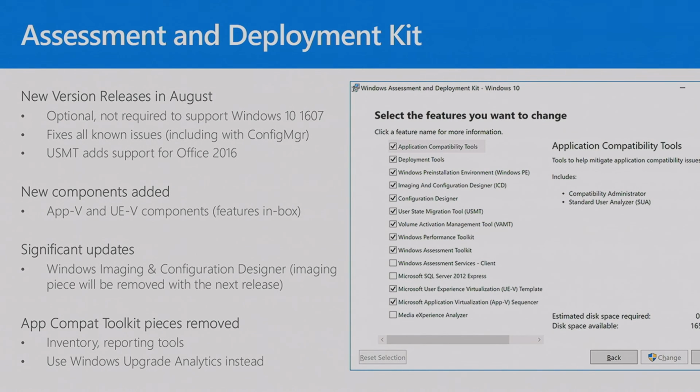And that then means that you need the tools to configure them. So we've added the AppV sequencer and the UEV template authoring tools into the ADK because we needed a way to get them to you. Where else? Well, let's just stick them in the ADK with all the other deployment-related tools. We've significantly updated the ICD tool. We already looked at that. And we already talked about removing the AppCompat pieces.